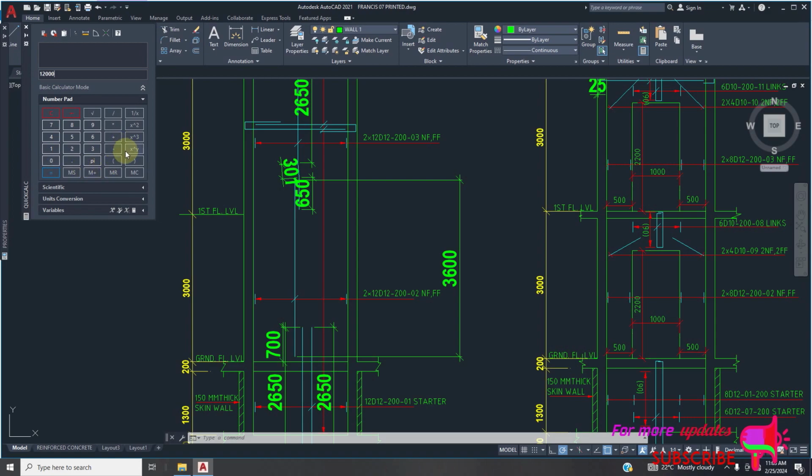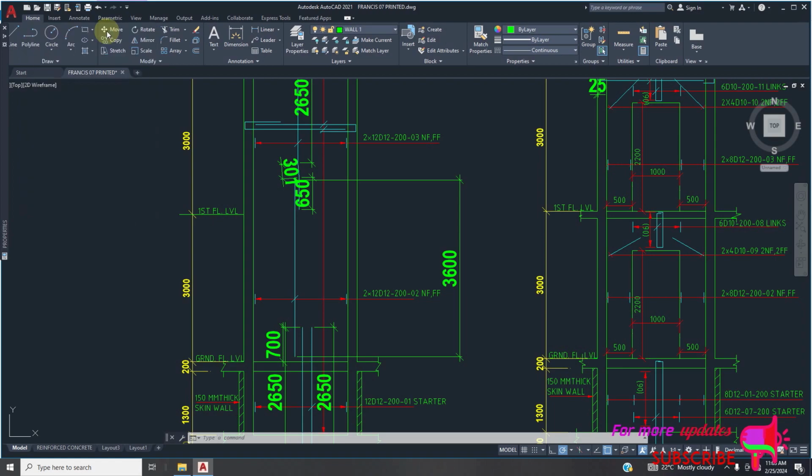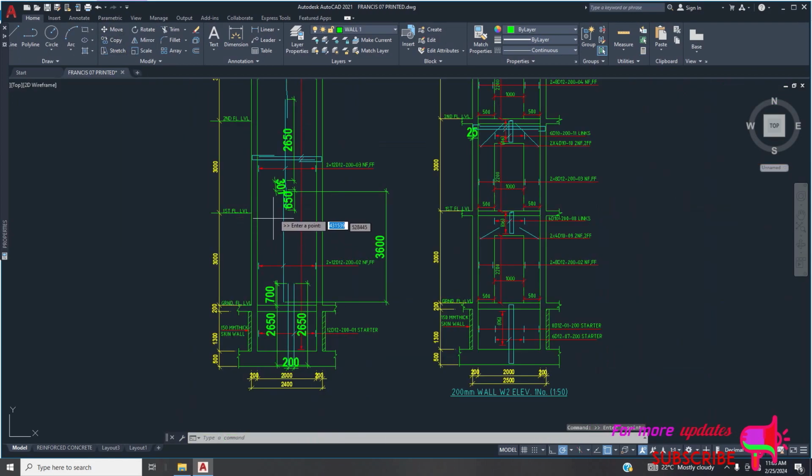If you divide this by 3600, you will get the answer. Just hit enter. Right, so it's not trying to save or reduce the offcuts. There'll be offcuts anyway, but the foreman will deal with that on site.